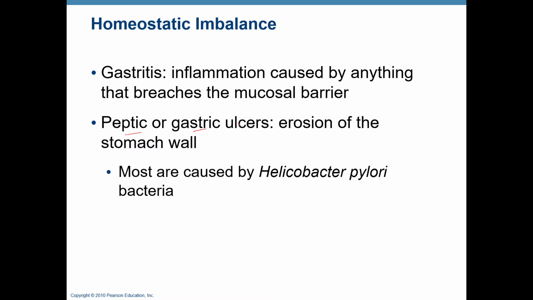But there is a bacteria called Helicobacter pylori. This bacteria loves to reside inside the stomach, and prolonged presence of Helicobacter pylori, it can stay for years, will also cause gastric ulcer, can breach the wall.